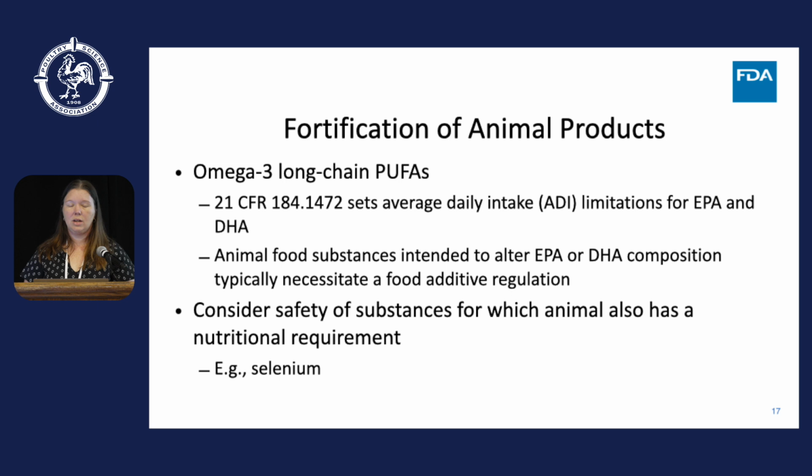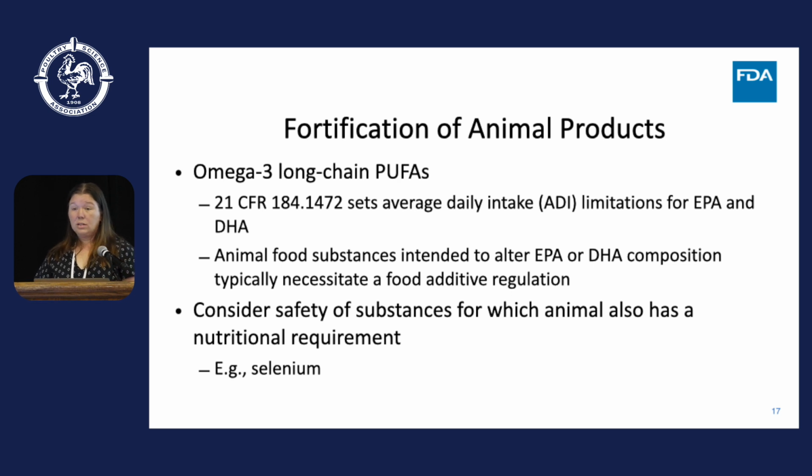And so a lot of times for the products, substances that are intended to support, to fortify these types of fatty acids, it may be that in the literature, you're going to have to use only the substance that you're intending to market, or the alternative being to go through the food additive petition pathway, because then FDA can make its conclusions based on information, whether it's publicly available or proprietary.